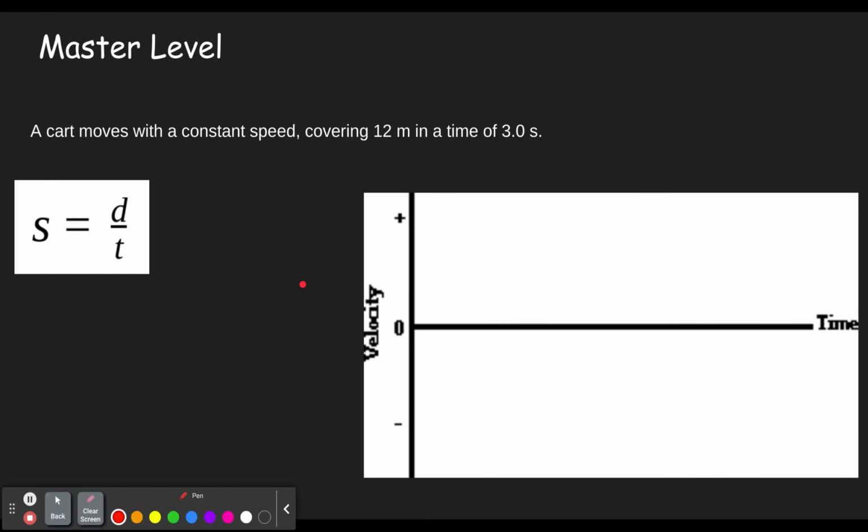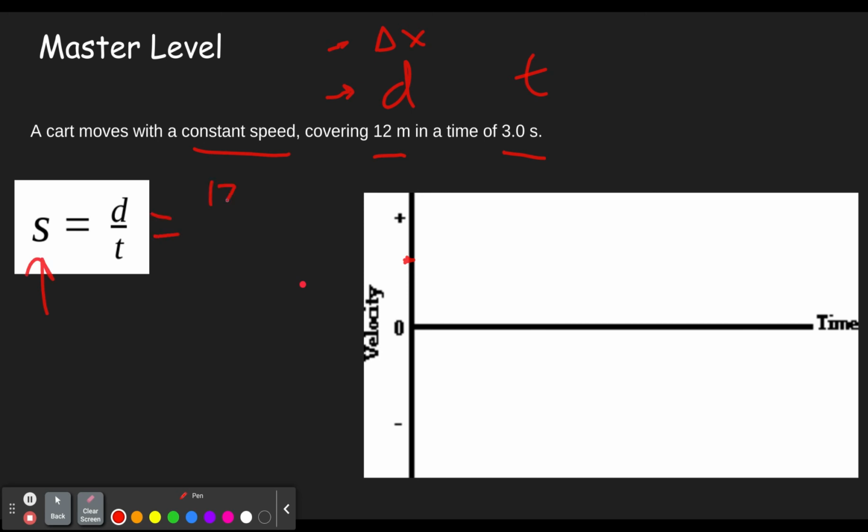Okay, so here we see a cart moves with constant speed. So it means whatever line we're at, it's going to go straight across. And it covers 12 meters in 3 seconds. Well, 3 seconds is a time. The 12 meters is a distance, or you might see it listed as a displacement. Either one, your teacher may have used either one or both. All right, so then if we want to figure out the speed or velocity, we just plug right into this equation.